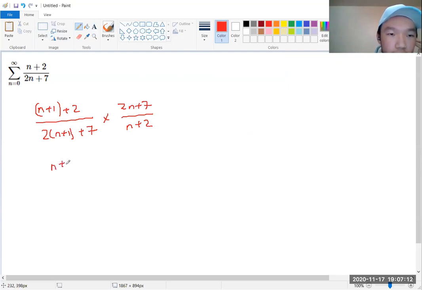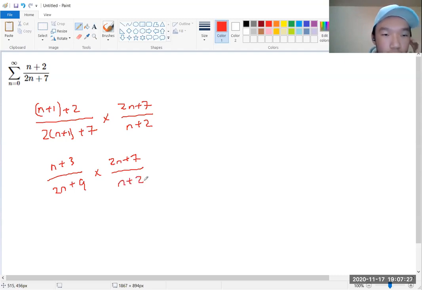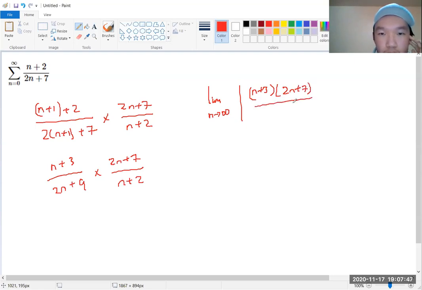And then we have n plus 3 over 2n plus 9 times 2n plus 7 over n plus 2. Yeah, I don't think anything cancels out here. So we just have the limit as n approaches infinity of the absolute value of n plus 3 times 2n plus 7 over 2n plus 9 times n plus 2.